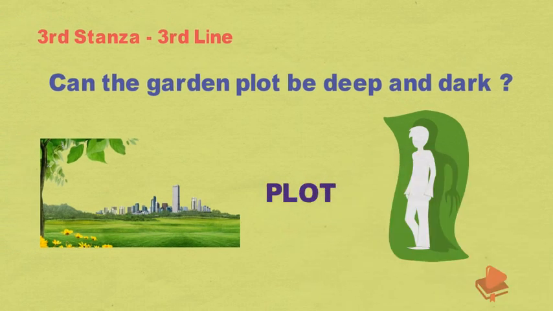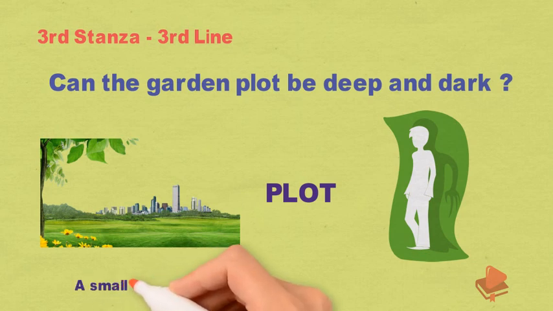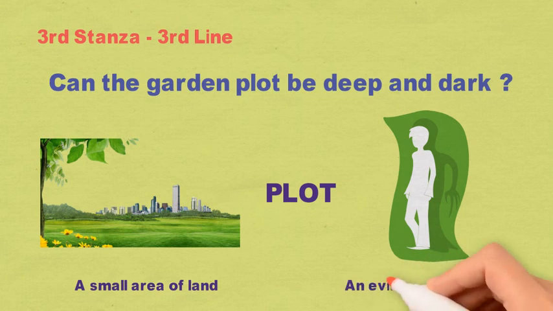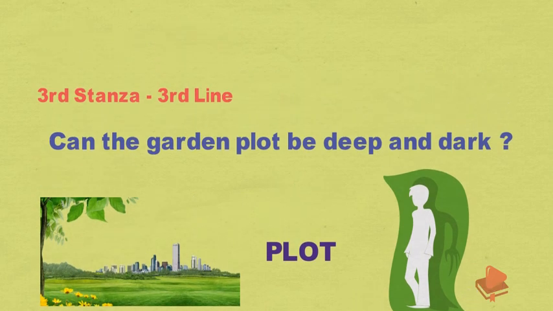So the plot here means on one side a small area of land, and on the other side an evil or wicked plan. So he wonders if a garden plot can be deep and dark. So in this line, plot is a homograph.